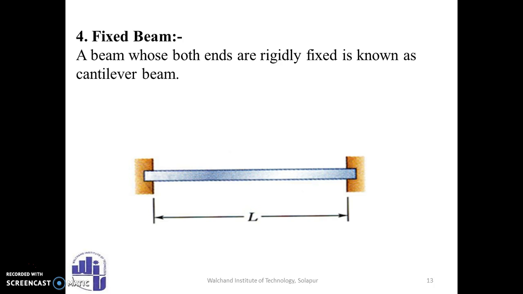Now next, that is nothing but your fixed beam. In this, the beam is fixed at both ends. If you observe here, both ends are rigidly fixed. So such types of beam is called fixed beam.